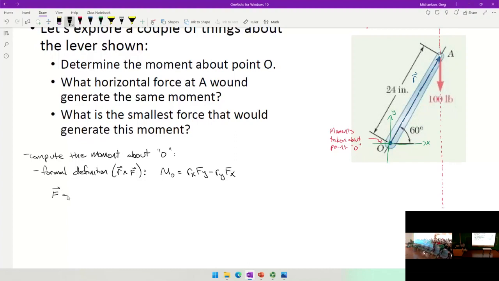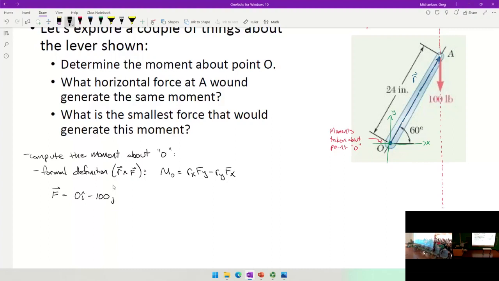Can anybody write out a vector description for that applied load? Does anybody have a simple way of defining that vector? 0i minus 100j. Exactly right. 0i minus 100j. So we'll say 0i minus 100j.